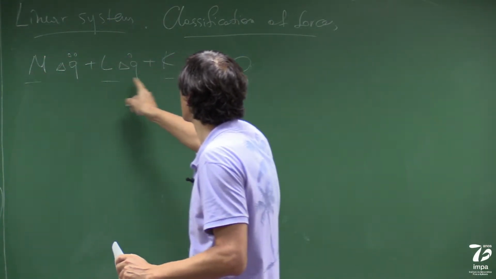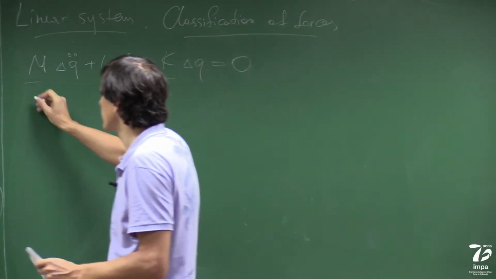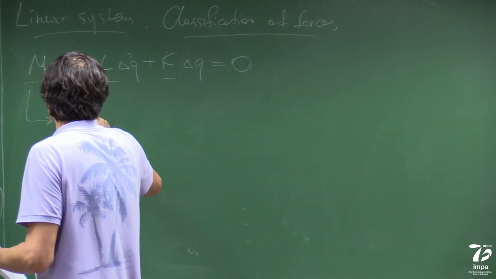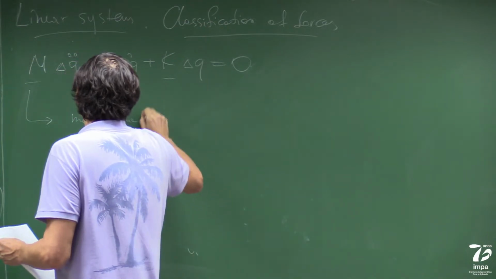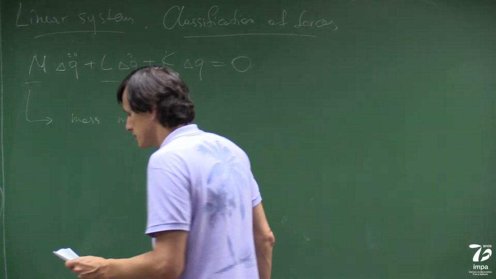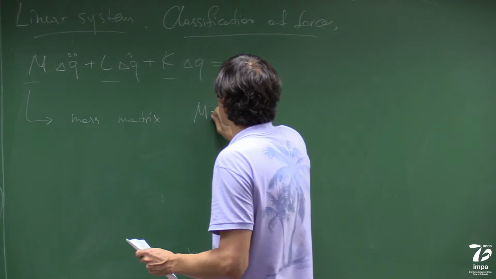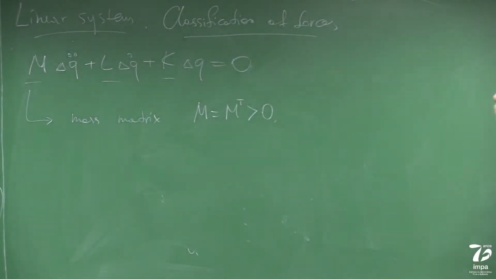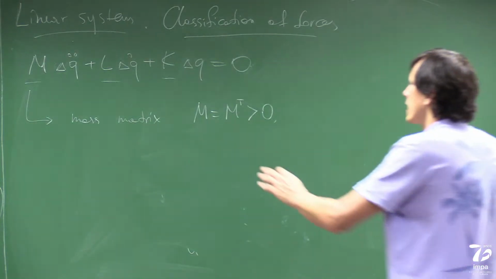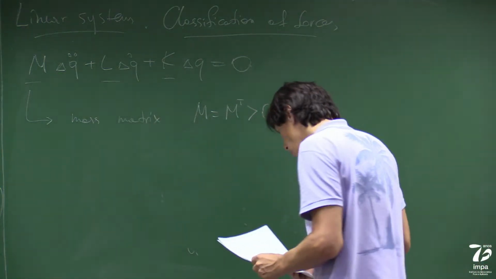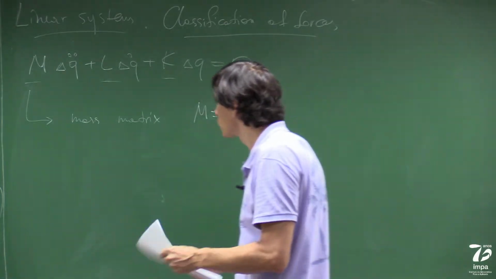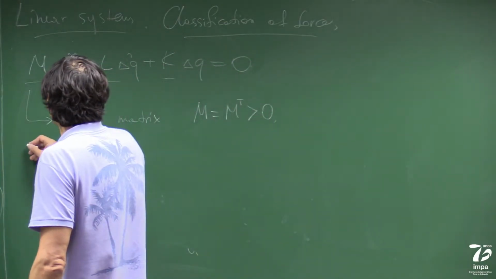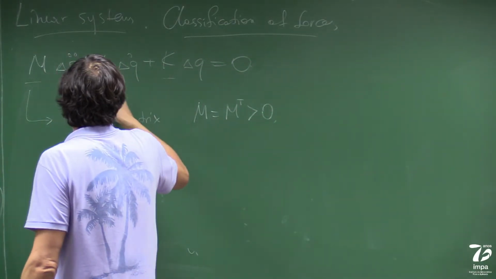So here we have three matrices. The first matrix is a mass matrix, and we know that it's a symmetric positive definite matrix. Then there are two matrices L and K. L and K are generally non-symmetric matrices.